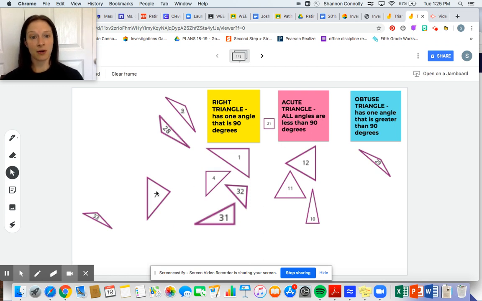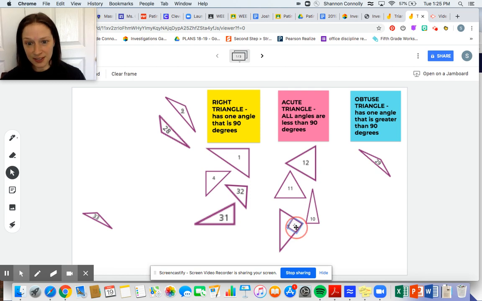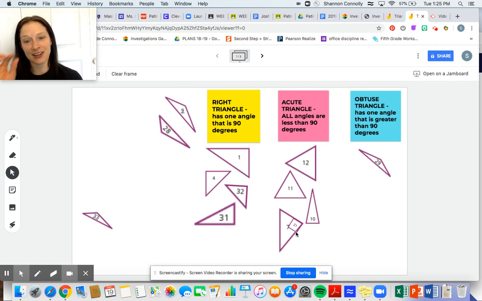Okay? Now, triangle 7 is an acute triangle, but this might be one where you're feeling like you should check it just in case and make sure that it's definitely an acute triangle. It actually is kind of difficult to tell here, but there's a teeny tiny little space inside of there, and it actually is just a little bit smaller than 90 degrees.